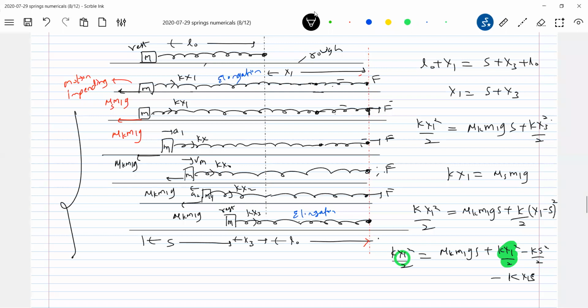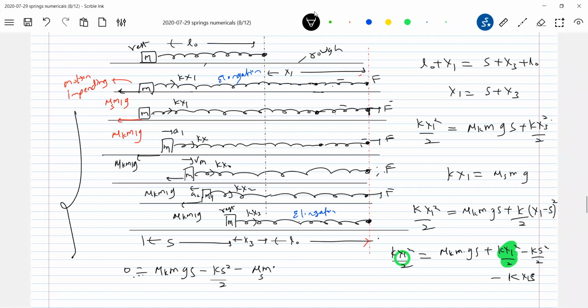So the next equation will be 0 equal to mu k m1gs minus k square by 2. This will be mu s. The block is of mass m, no?